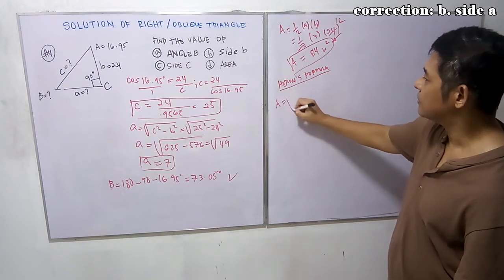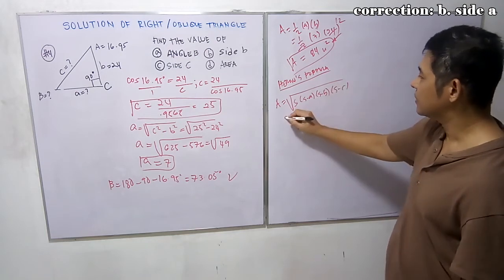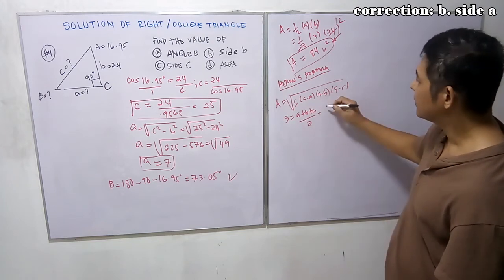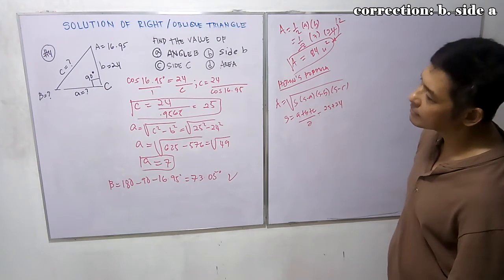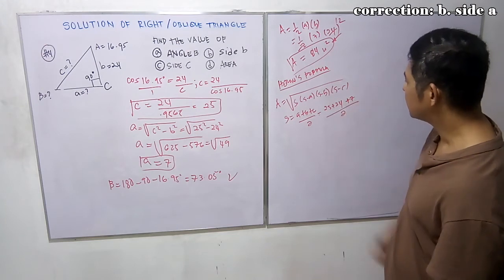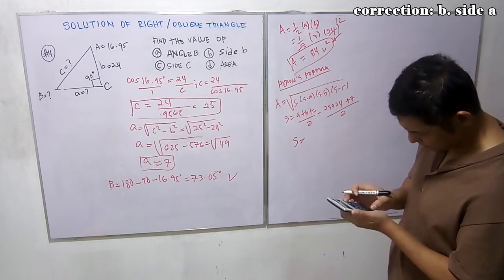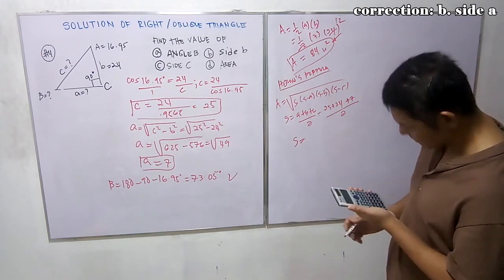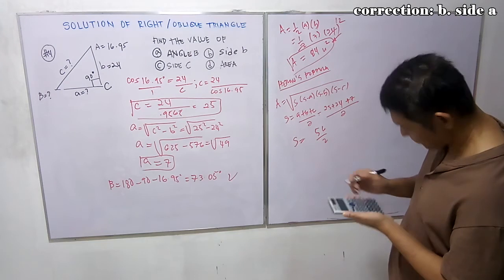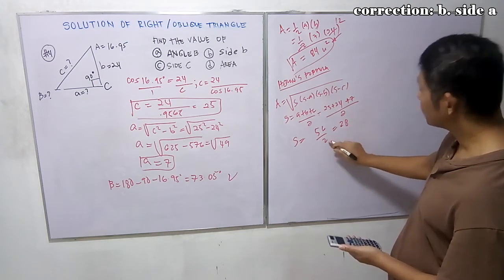Therefore, area equals square root of S times S minus A, S minus B, S minus C. Therefore, S equals A plus B plus C over 2, kasi 25 plus 24 plus 7 divided by 2. Ang mangyari po ay S equals 56 divided by 2, 28. 28 times 2, tama, 56.